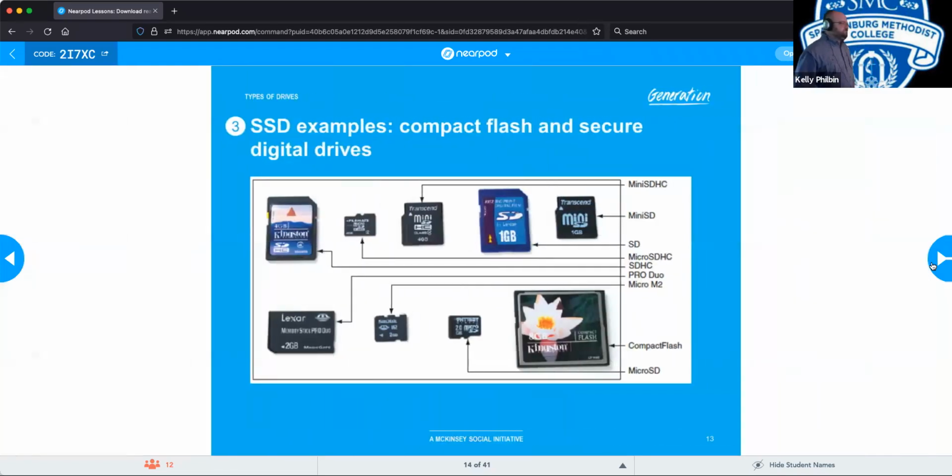All right. Now, here are some examples of various types of SSD cards. Many of these will look pretty familiar to you if you have utilized cameras or various other things along the way. Let's see here. This would be your standard compact flash. That was a little bit older camera. For DSLRs, when they were first coming out, they didn't have a whole ton of storage.